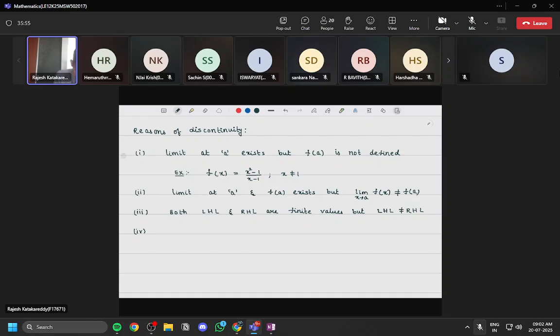Fourth one, at least one of the LHL or RHL approaches infinity.